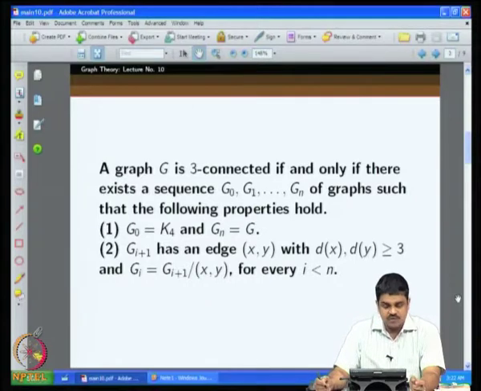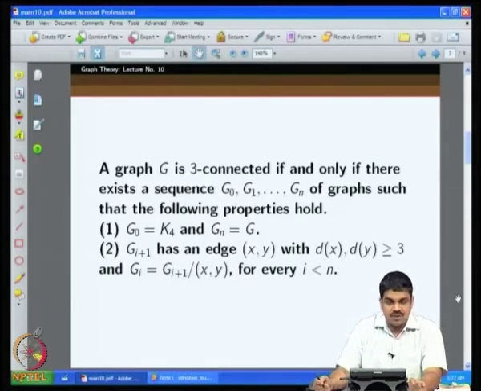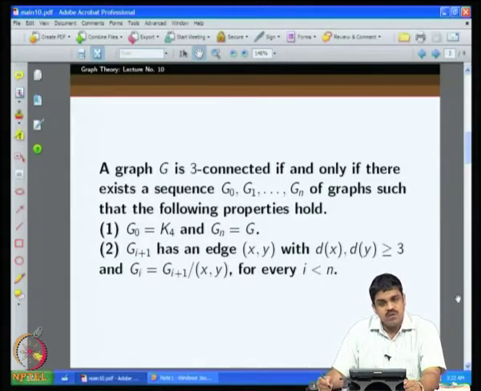See, one side of this is very trivial, in view of the result we have already proved. You give me a 3 connected graph. Of course, every degree is greater than or equal to 3 there, because it's a 3 connected graph.